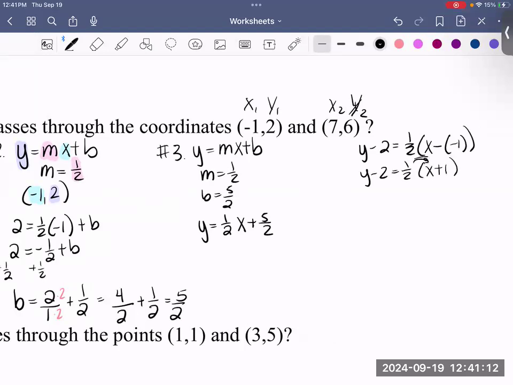Going ahead and distributing in. Adding that 2 to the other side. So again, we'll come up with the same response.